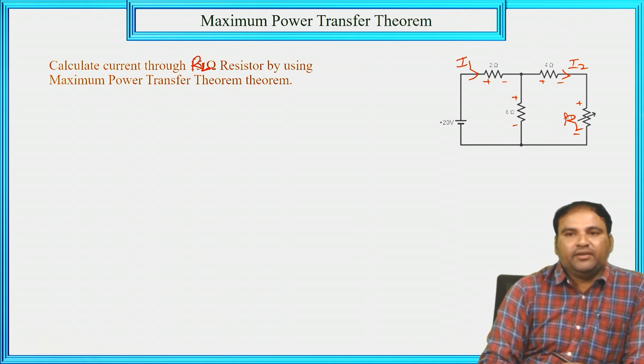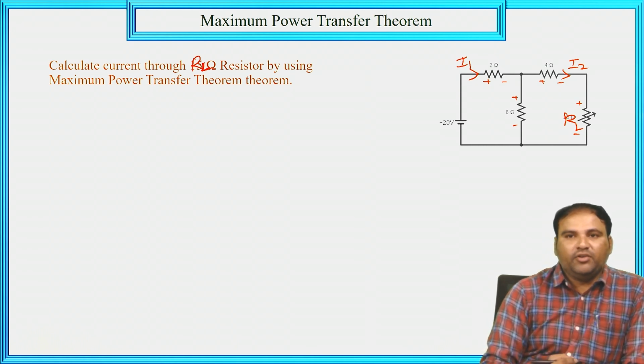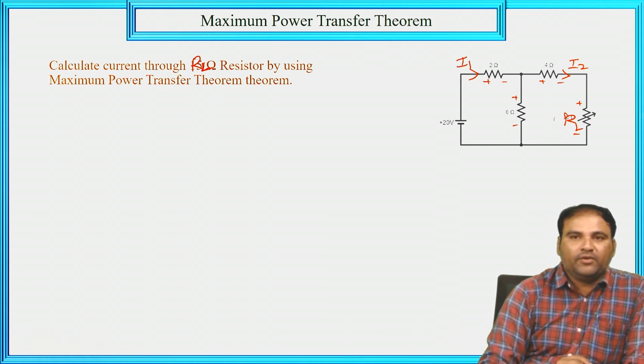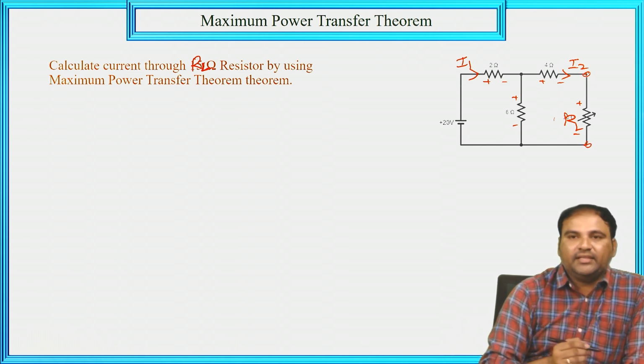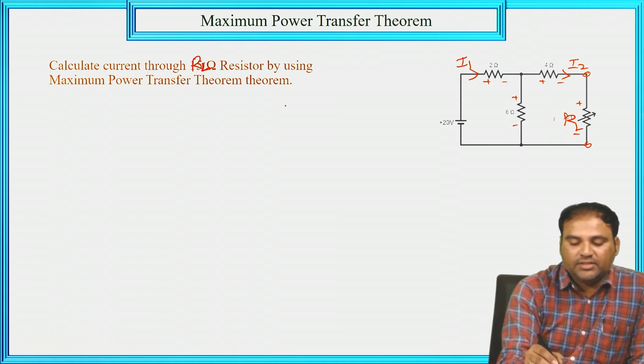Now we need to calculate the VTH. How can we calculate the VTH? We have to remove this load resistor, this RL value. Across these two terminals, we need to calculate the VTH value. So here I need to draw the circuit.